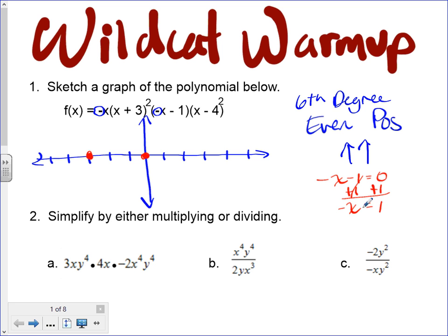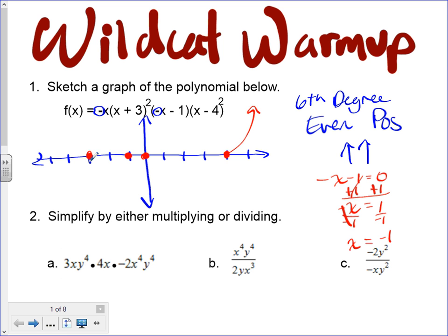Is x by himself yet? No. Divide both sides by -1. X equals, and last but not least, +4.